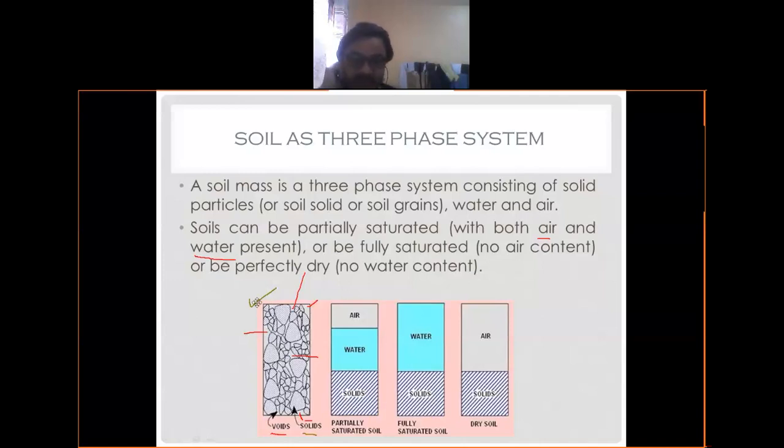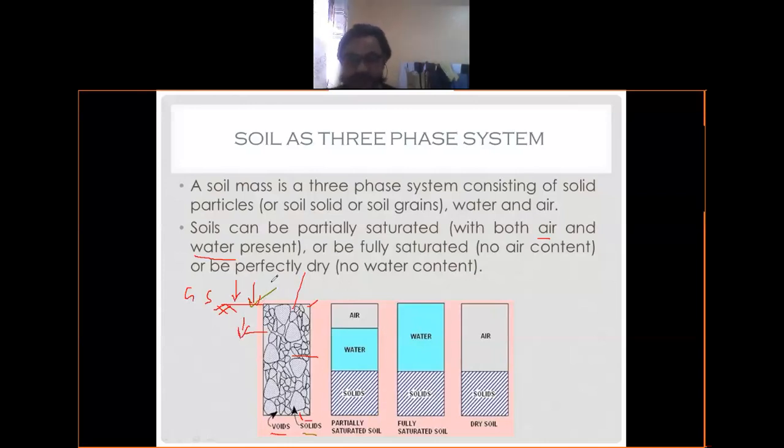Let's take an example of the rainy season. Suppose this is the ground surface. Now suppose in the rainy season, what will happen? Rain will penetrate into the ground. Rain will come, pass through the ground surface and percolate into the soil, isn't it?